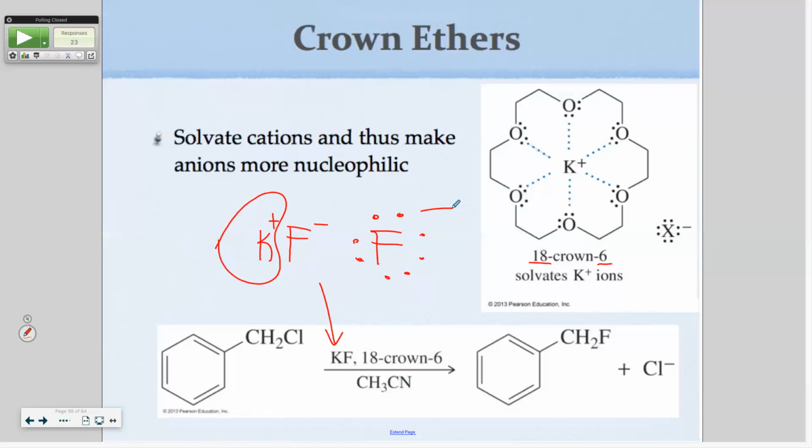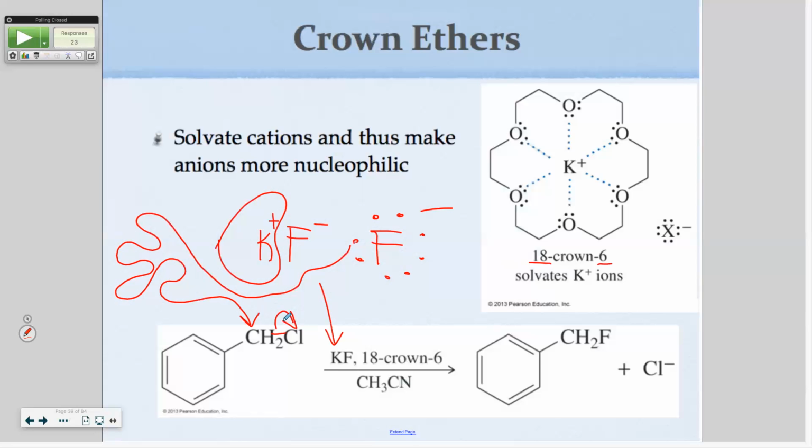Now I want you to draw the mechanisms. So the fluoride ion is going to go where? Which carbon? The carbon attached to the chlorine. And it might take that circuitous route. You never know. And then what happens to the electrons in the C-Cl bond? They go to the chlorine.